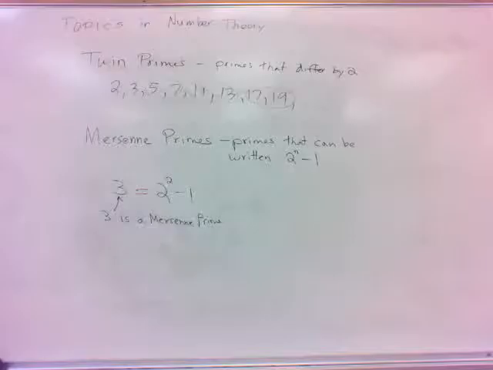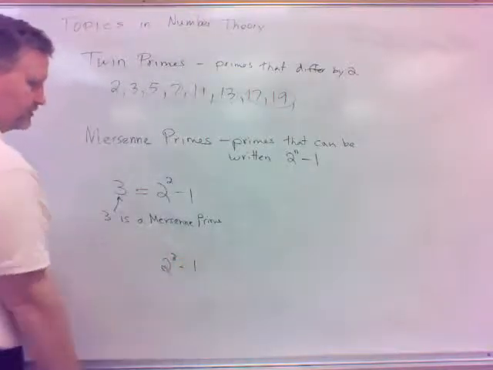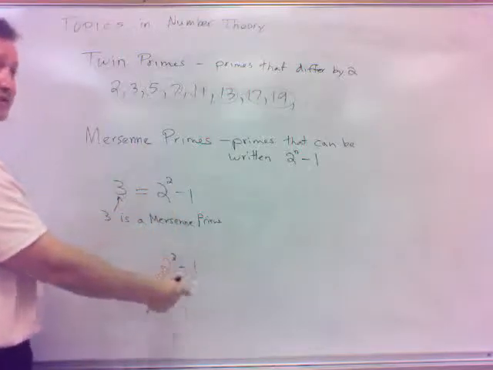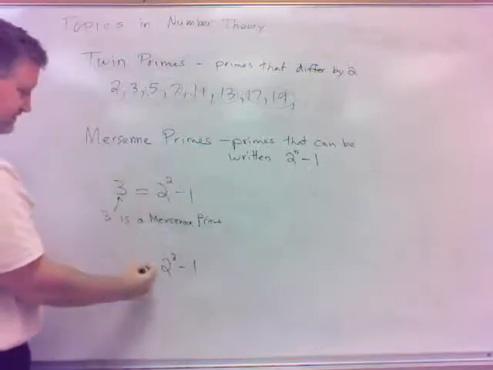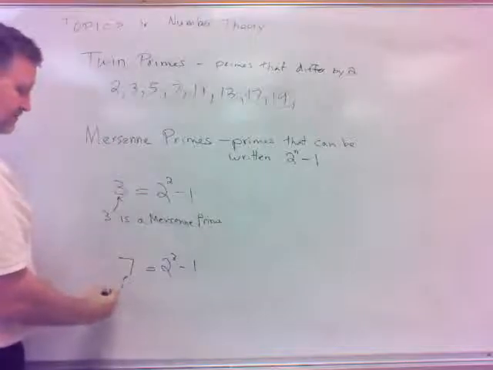Now that's the smallest Mersenne prime. What would be the next one, you think? Well, try the next power of 2, right? 2 to another power minus 1, 2 to the third power minus 1. What does that give you? 2 to the third is 8. Then minus 1 is 7. So 7 is also a Mersenne prime.